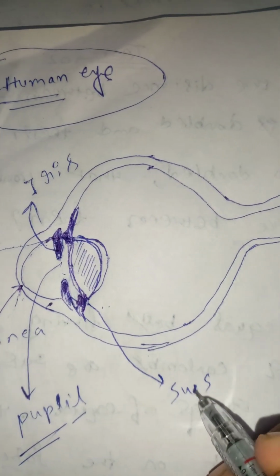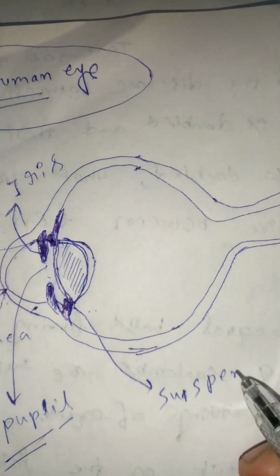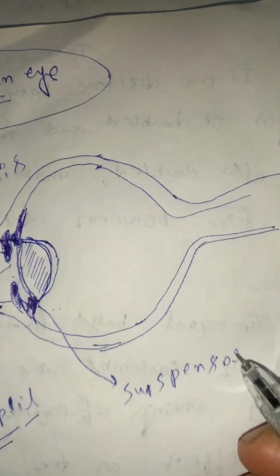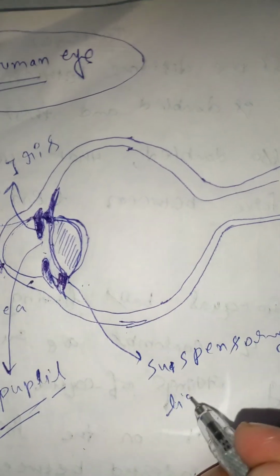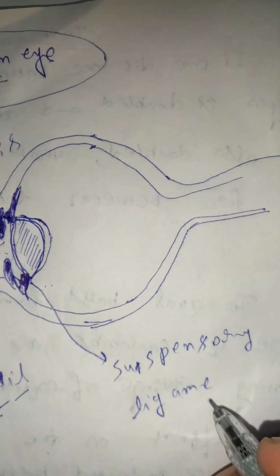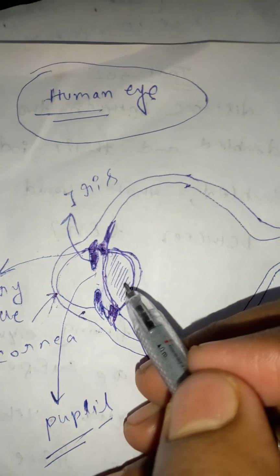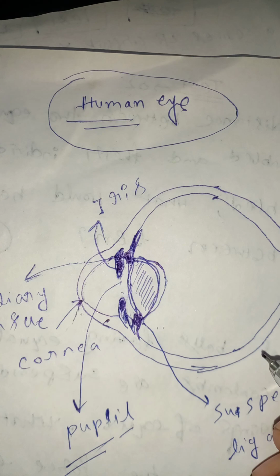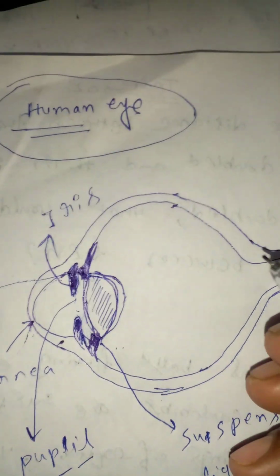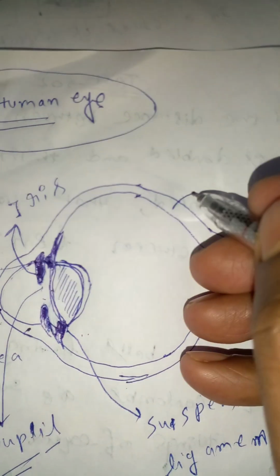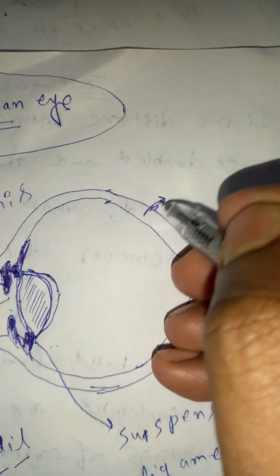Suspensory ligaments. There the crystalline lens is there. Crystalline lens is present. Now here this outer portion is known to be sclerotic.